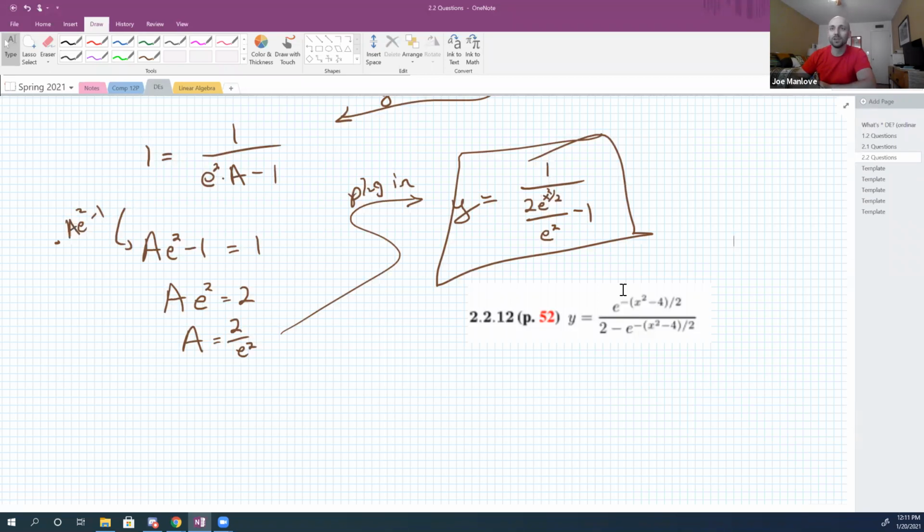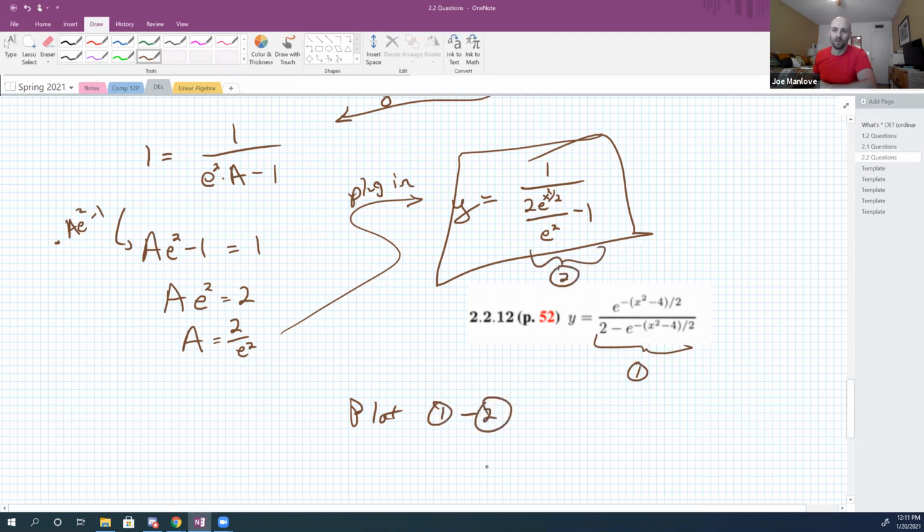Take the answer, subtract your y. So just plot thing 1 minus thing 2. It should be 0. If it's ever not 0, you screwed up. You guys see that?